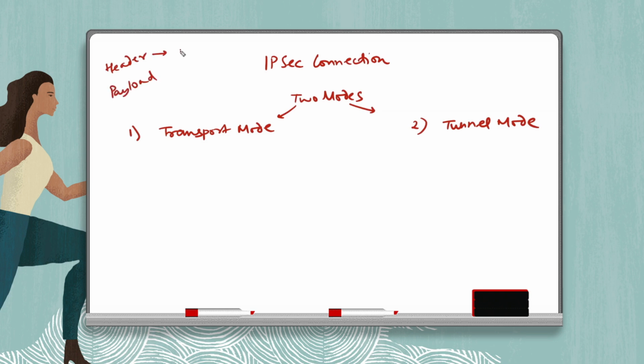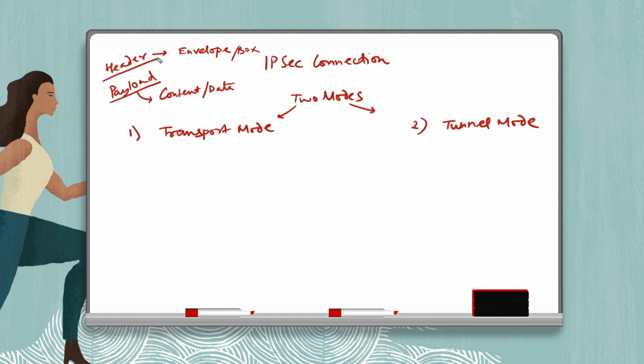Header, simply think of it like an envelope or the box. And payload, think of it like the content or the data. The header contains information about the packet, things like origin IP and destination IP, but the actual data or content is your payload. So two things: header and payload.